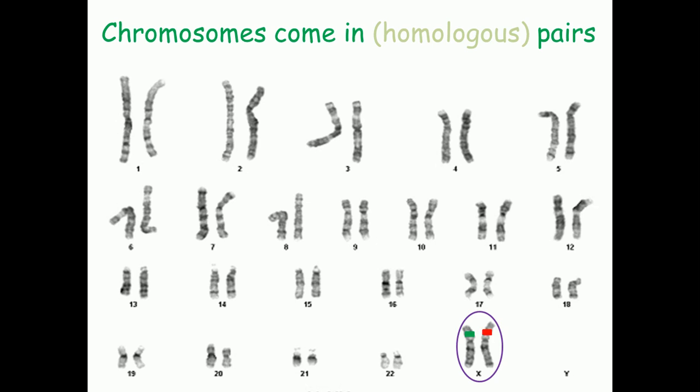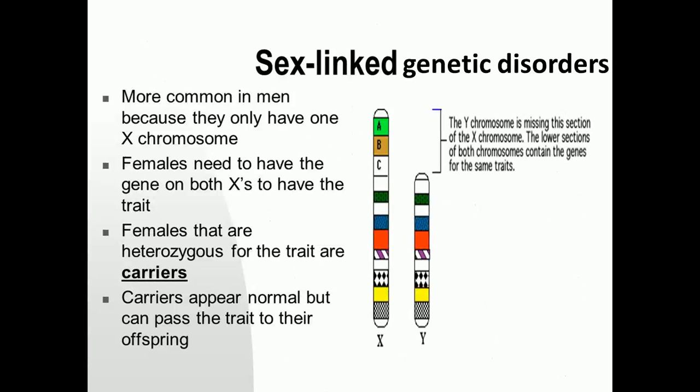If one of the X chromosomes inherited contained a faulty allele which expresses a genetic disorder, it will contain another X chromosome which will be expressed instead if that was the dominant allele. However, in males it's different because male sex chromosomes are XY, and the Y chromosome has a section missing.